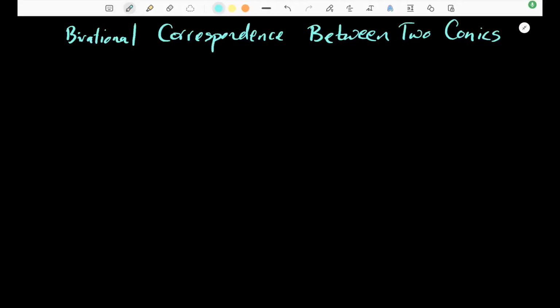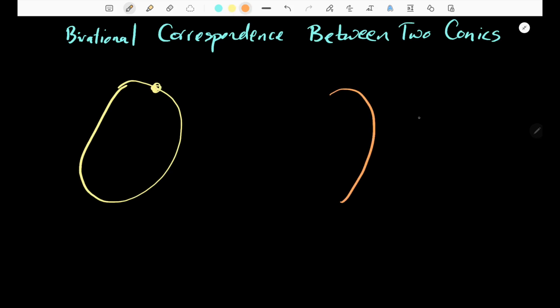So now that we've switched to the tablet, let's draw a picture of this birational correspondence between two conics. We saw that algebraically you could potentially have some pretty nasty formulas, but the geometric picture is really simple. We've got two conic sections and a designated base point on each one.